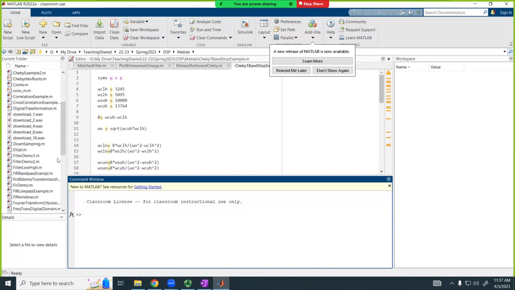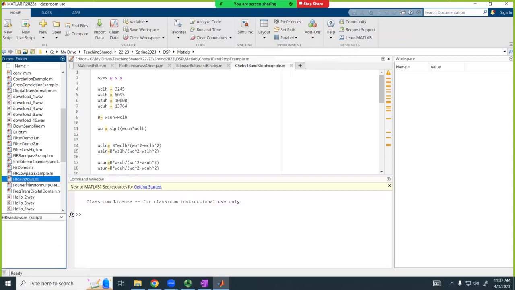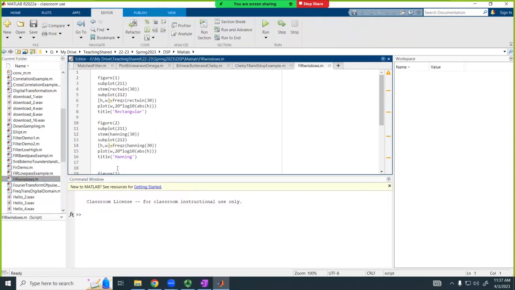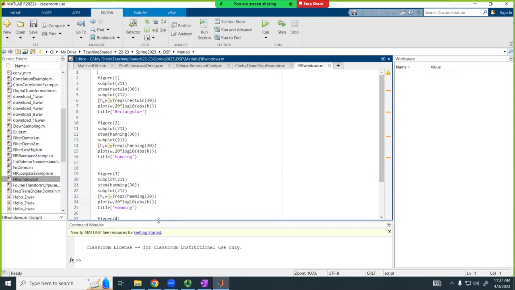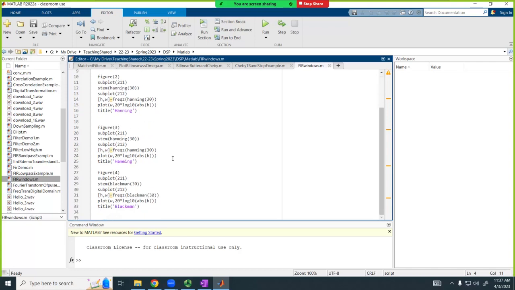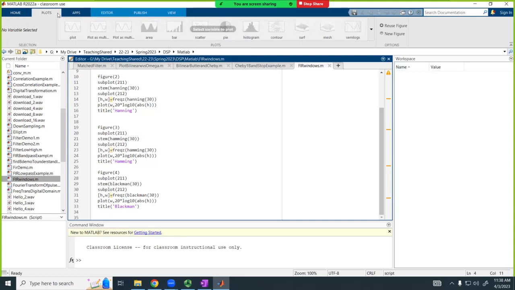Here is the FIR windows. So this is going to plot the rectangular window, the Hamming, and the Blackman window. And these are all MATLAB commands, as they are defined in MATLAB. So the length is 30, and I'm going to plot the window in the time domain and its frequency response.